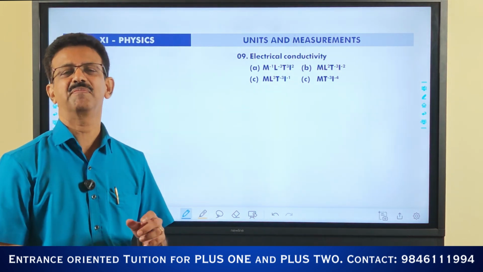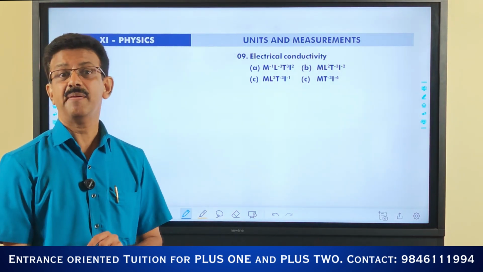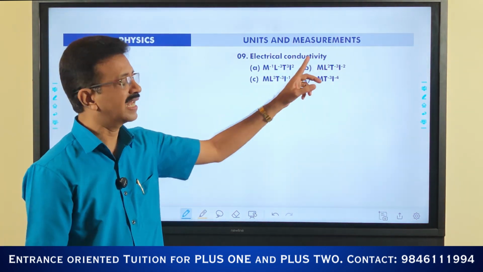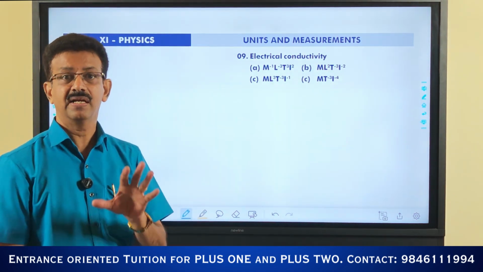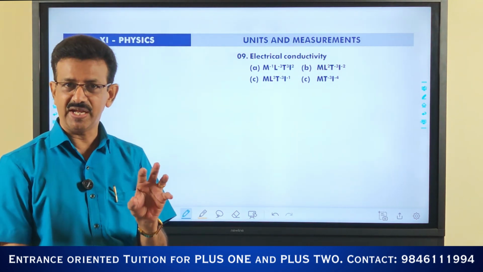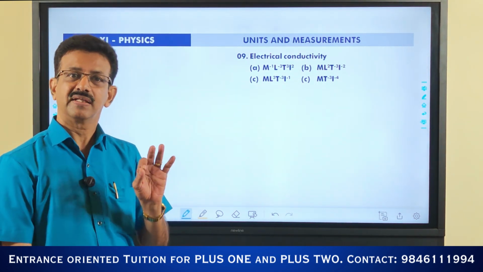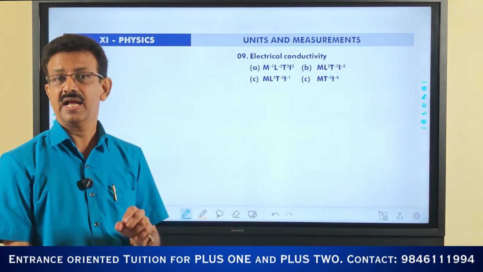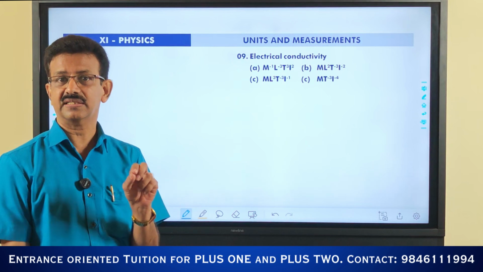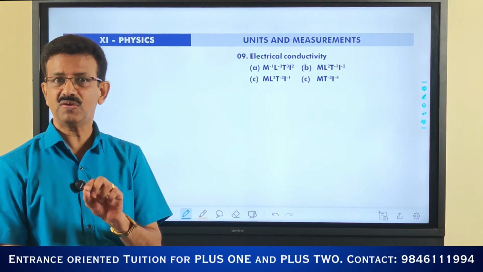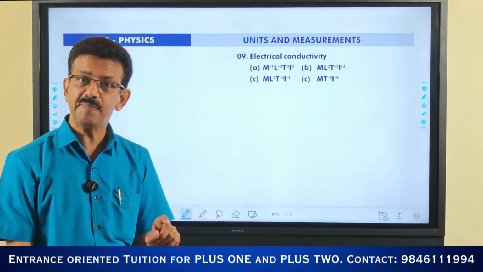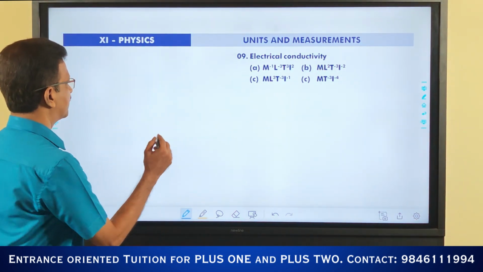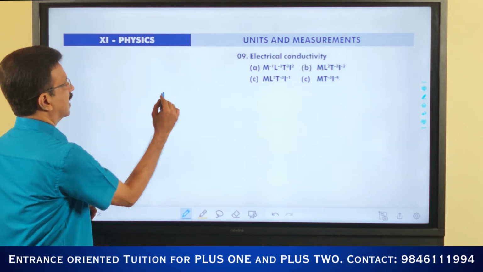Again, one more question from the dimensional analysis. Dimensional formula of electrical conductivity. According to Ohm's law, V equal to IR. Then R is called resistance, the proportionality constant. And resistance of a conductor will be proportional to the length of the conductor and inversely proportional to the cross-sectional area.